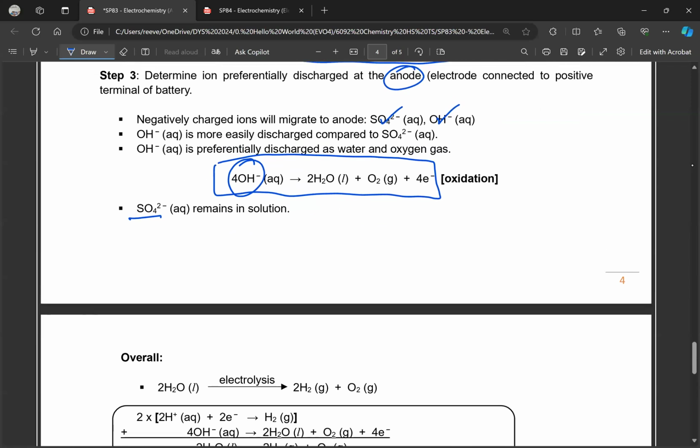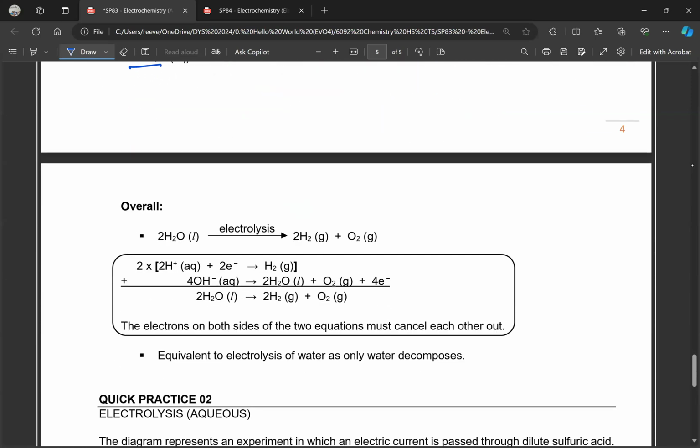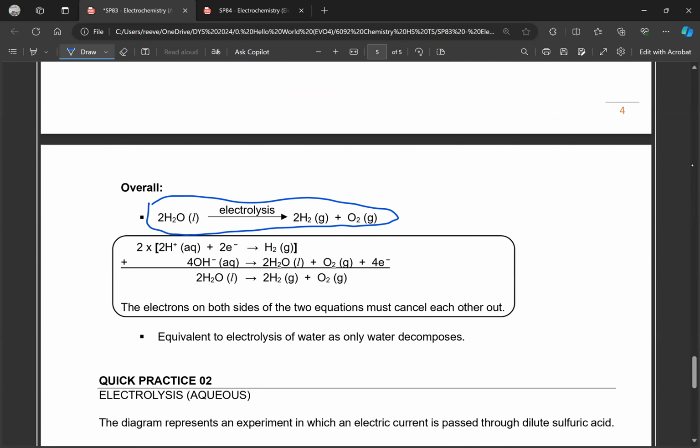Now I need to combine the equations to give me the overall equation. So how do I actually write this overall equation? This one comes from the cathode. This one comes from the anode. Correct. We just put them together and align the arrow. So the cathode, you need to times 2.